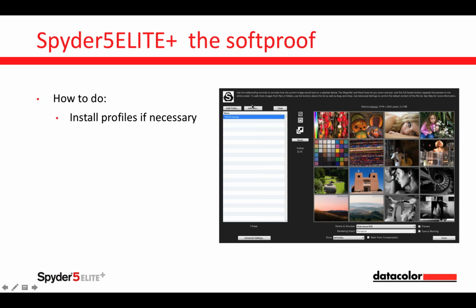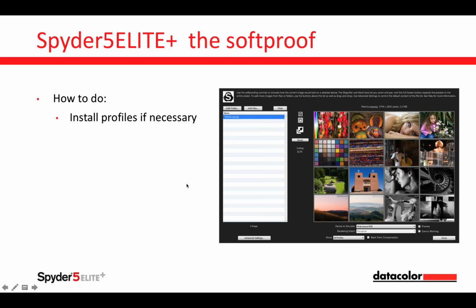But here you can add your own test images, or the images that you want to print, or a whole folder. So if you want to soft proof a full folder of your images, then click on that here.